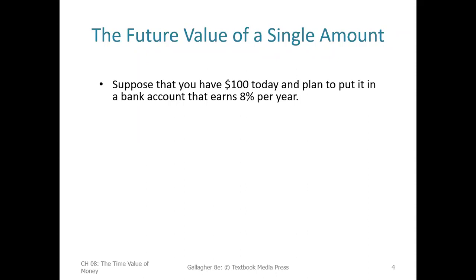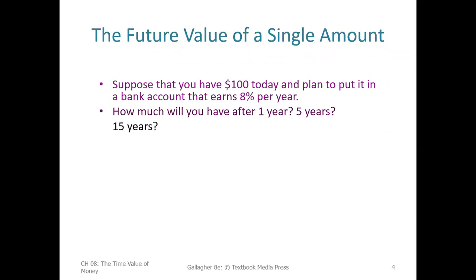So in this process, you want to know how much money you will have in the future, so let's say how much you have after 1 year or 5 years, 15 years. This process is called compounding.